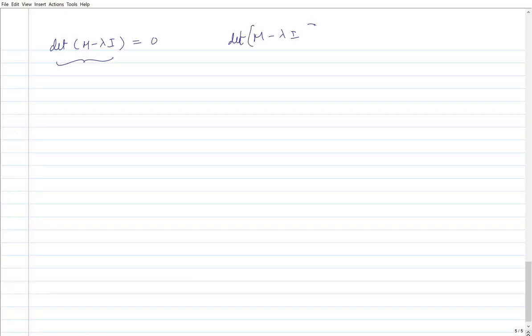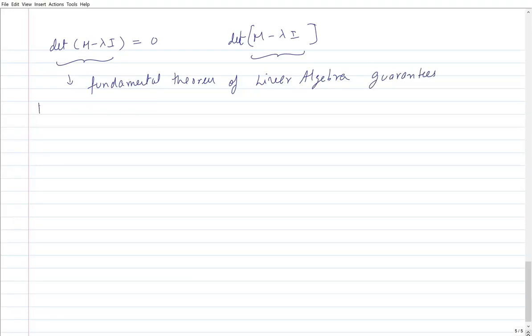That's going to give you the characteristic polynomial. And well, the fundamental theorem of algebra guarantees that such an algebraic equation will have at least one root. So this guarantees that this has at least one solution.